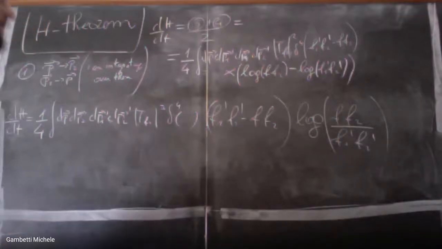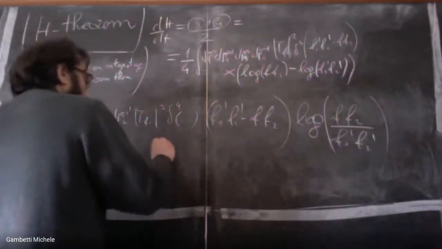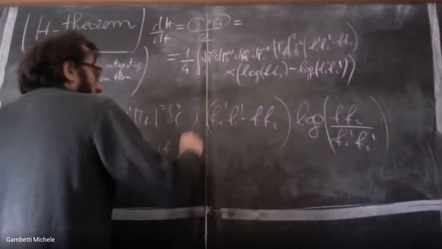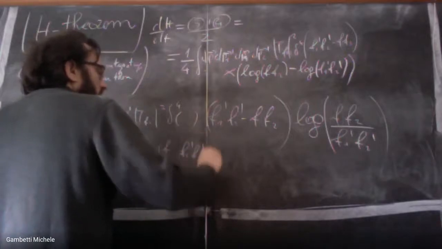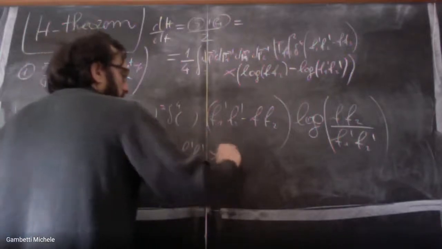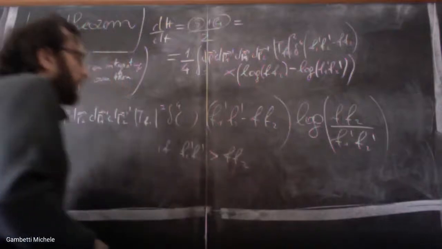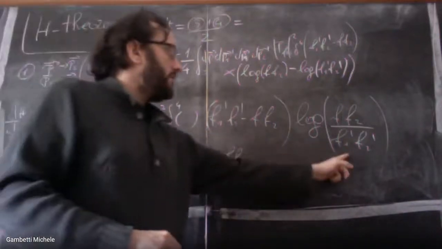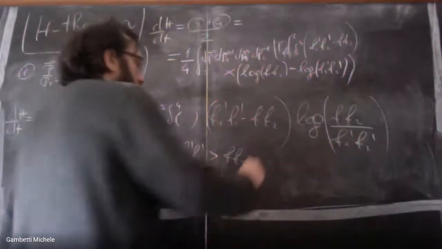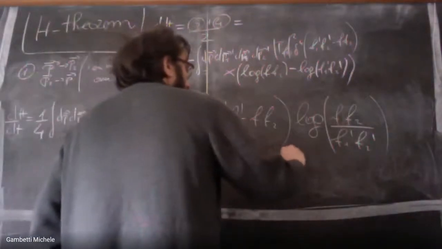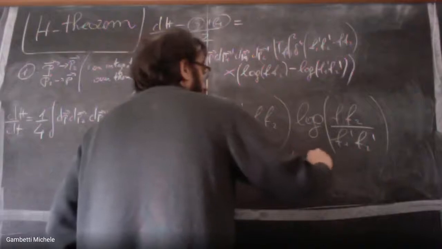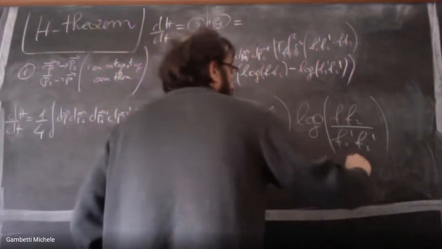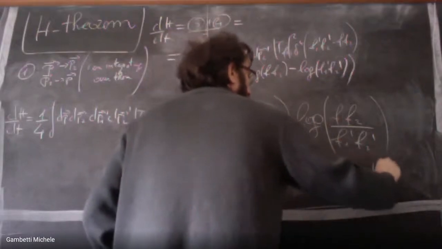So now you see that if f1 prime f2 prime is larger than f2, this term is positive, whereas this is negative. So the integrand is negative, because we have a log.